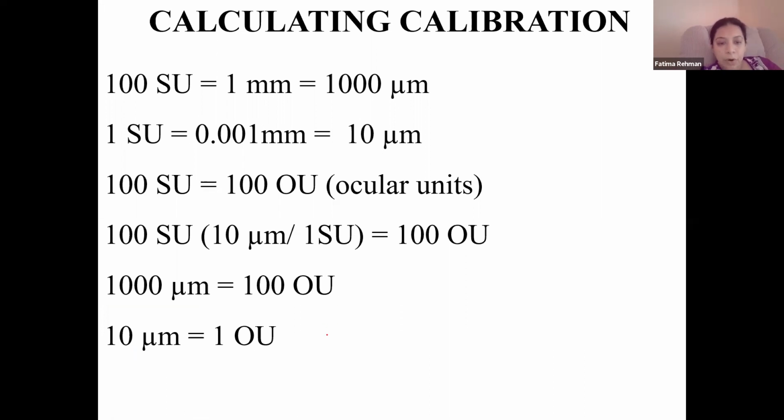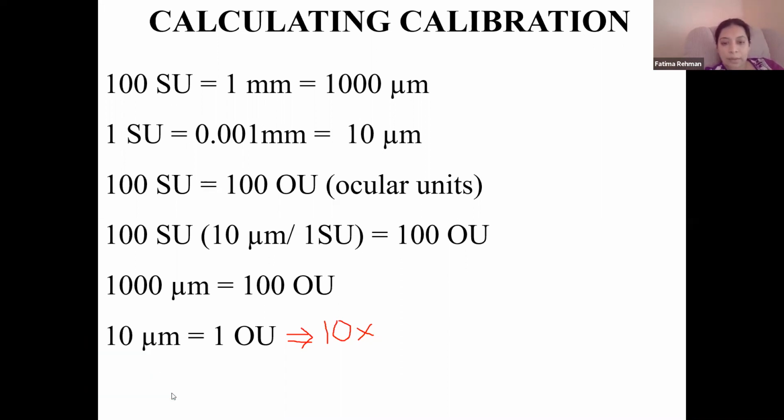So this is for our 10x objective lens. This would be our calibration for that lens on that microscope. So if I have a cell, right, let's go back and get a cell.